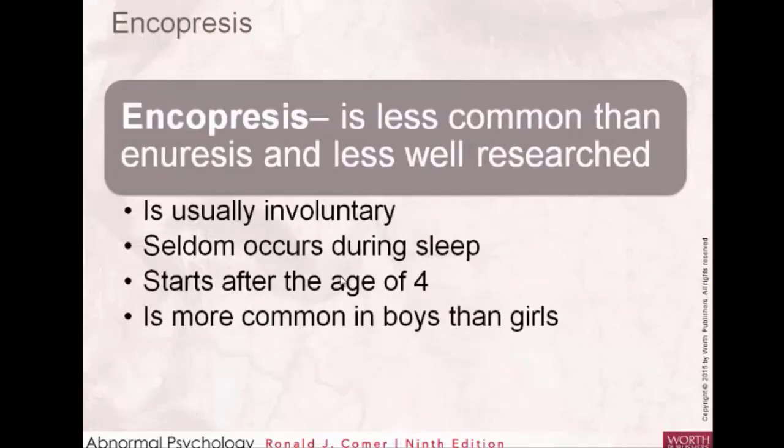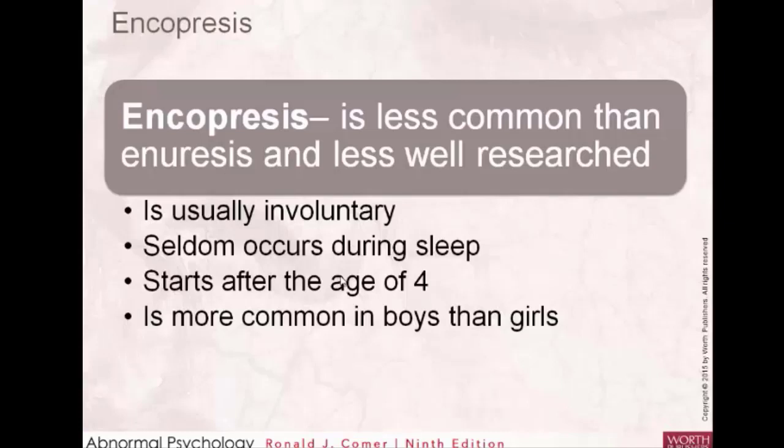Now, if enuresis happens when a child has a bladder accident, encopresis happens when a child defecates on themselves, passes feces. Basically, we're talking about poop here. Encopresis is less common and less well researched, but it can also happen as a result of stress. So it could be a child that seems to be potty trained, and then because of a stressful situation, perhaps the issue comes back up.